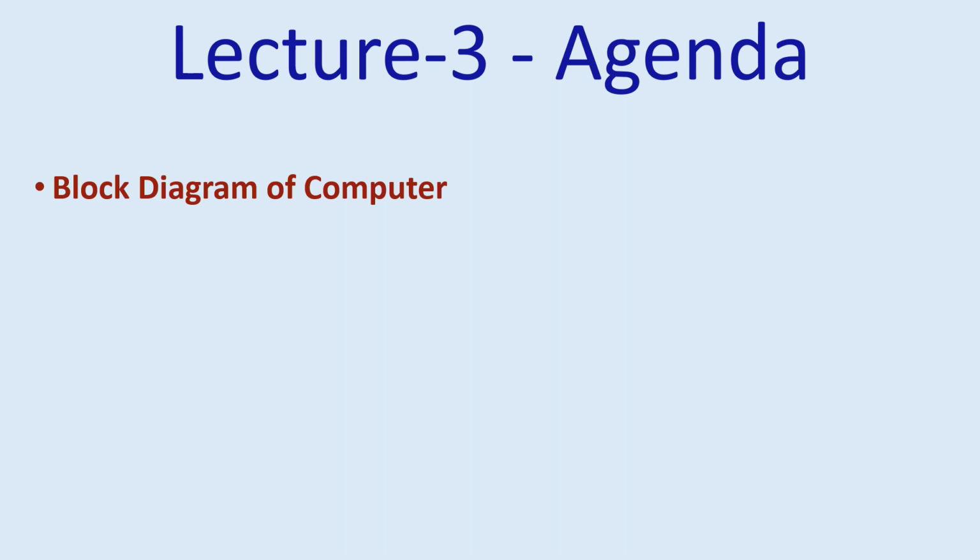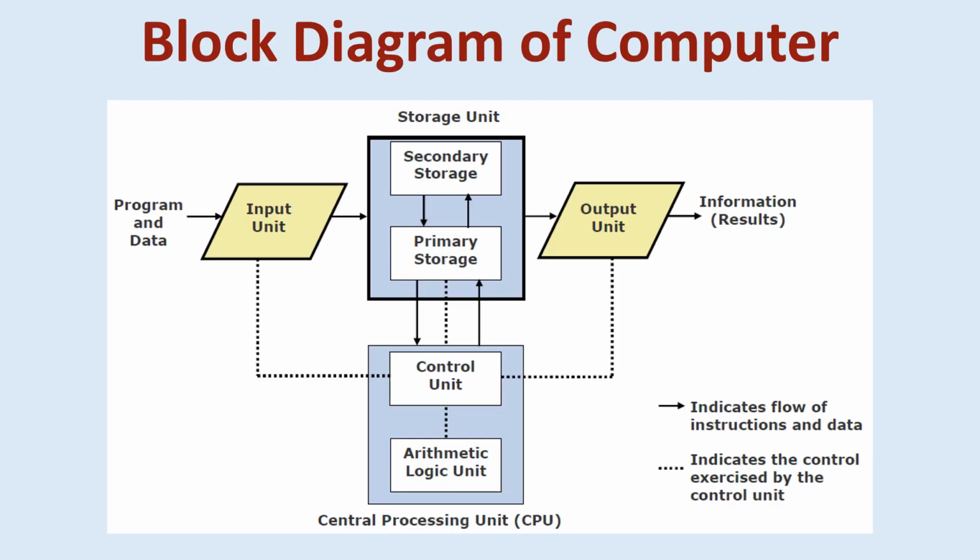So talking about the agenda, in this lecture, we will be talking about only a single topic, which is the block diagram of a computer system. So here you can see the block diagram of a computer system.